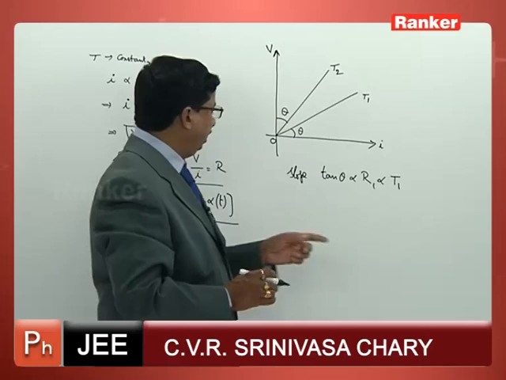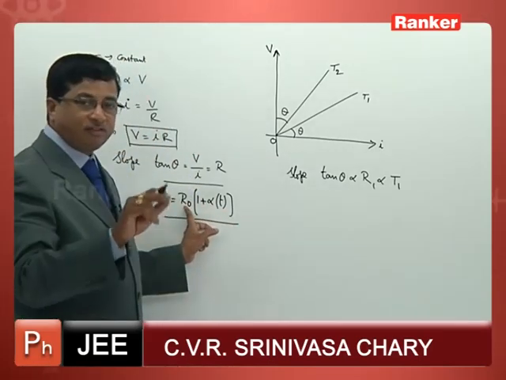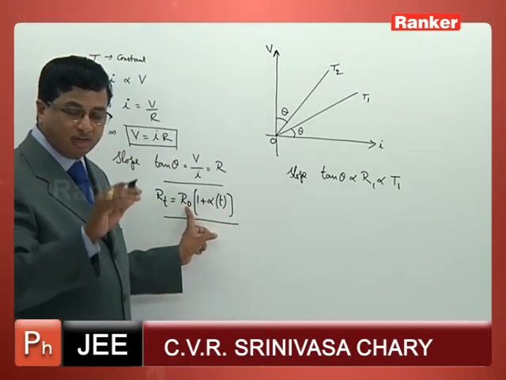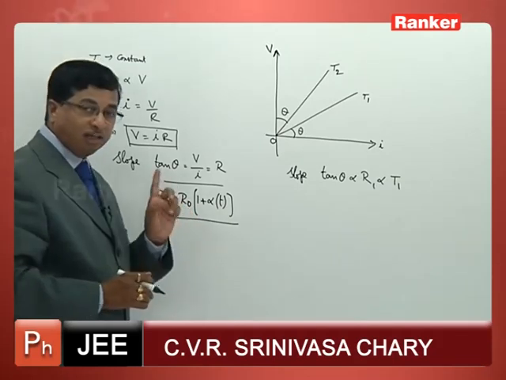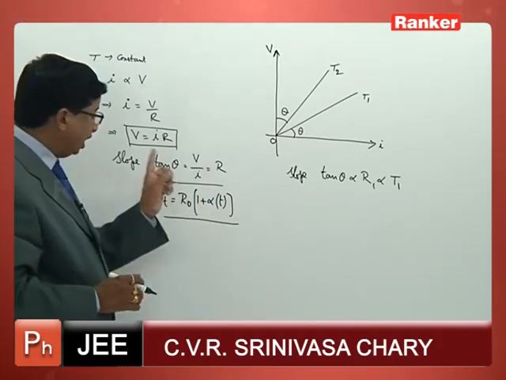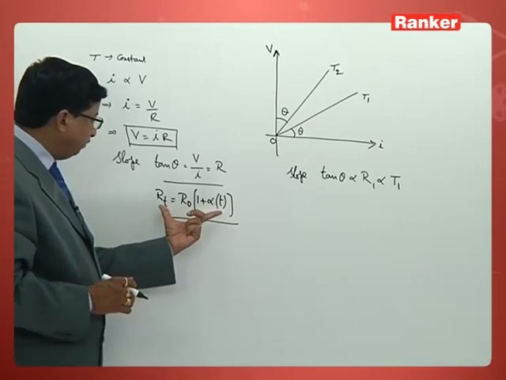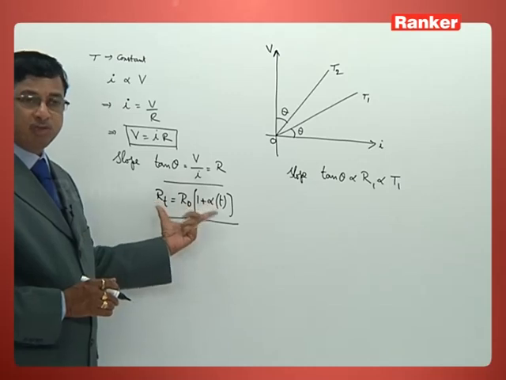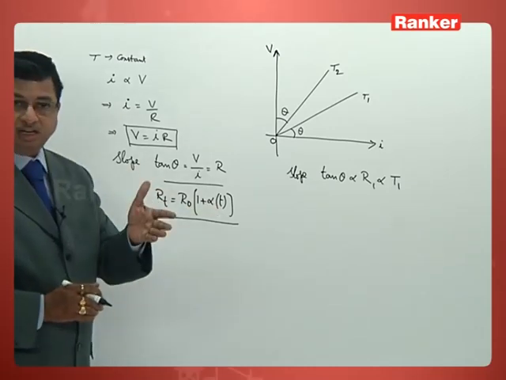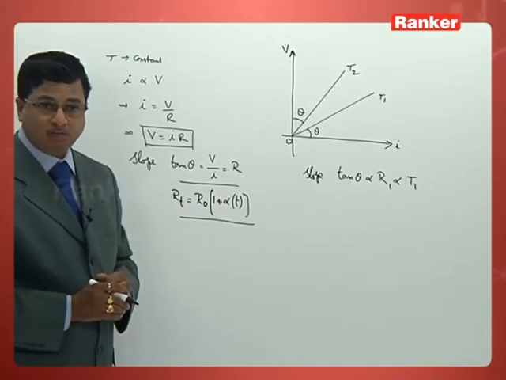R0 is the resistance of the conductor at 0 degrees centigrade, and RT is the resistance of the same conductor at T degrees centigrade.